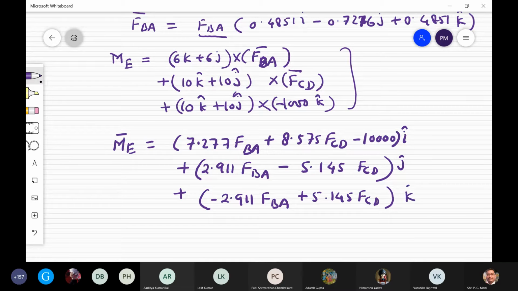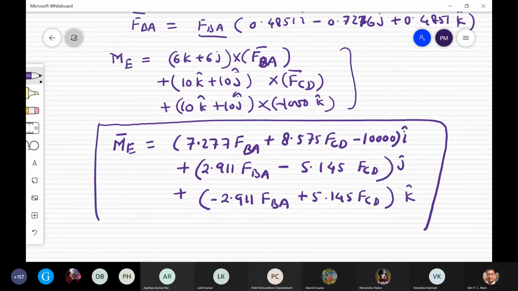Okay, so this is your solution. So moment about E point. इसको चेक कर लीजिएगा, whether it is coming like this or not, प्लस माइनस सारी चीज़ें चेक करिएगा, ठीक है. So this is the solution of your problem.